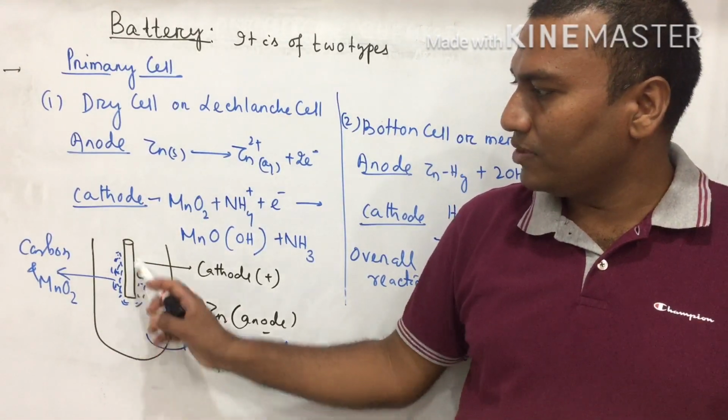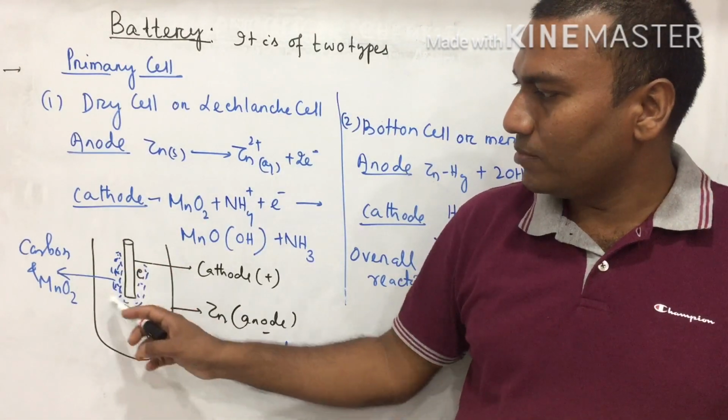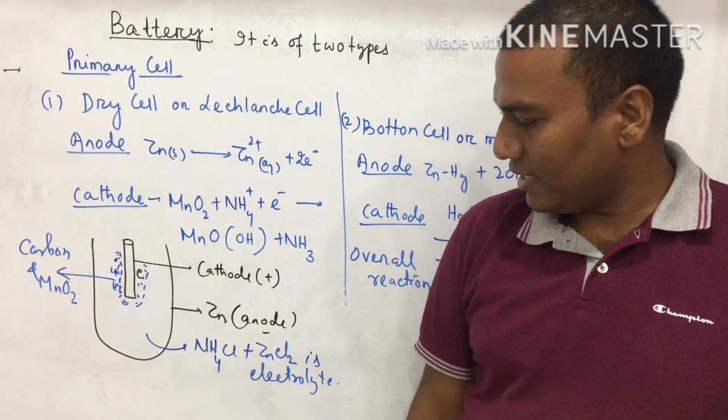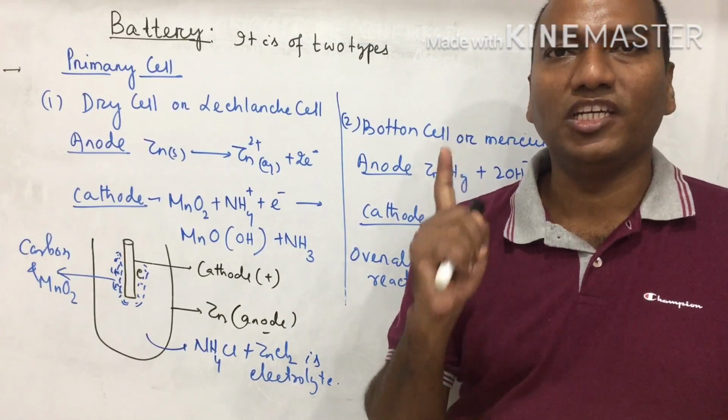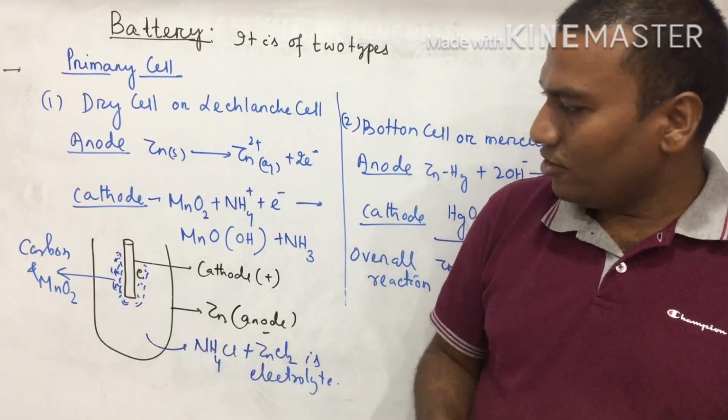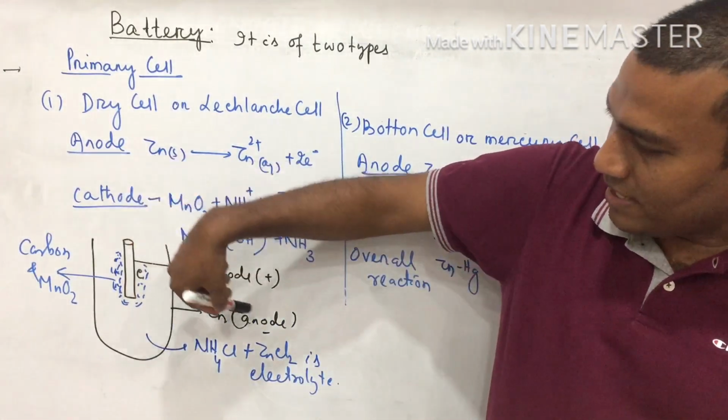And this part is filled with ammonium chloride and ZnCl2, which act as electrolyte. Clear? So this electrode acts as positive, this acts as negative.